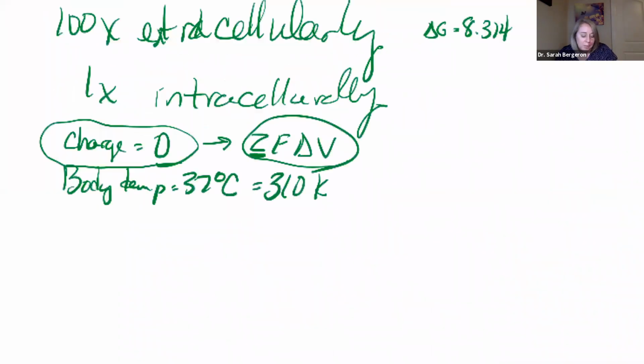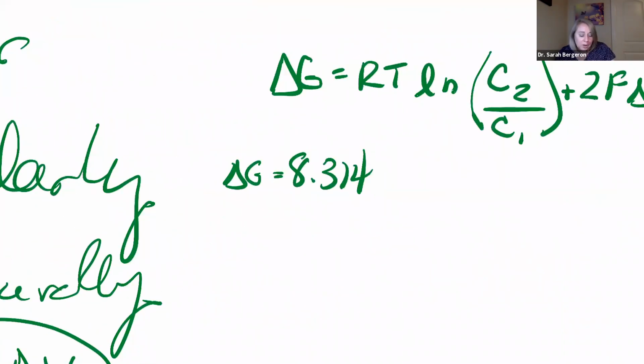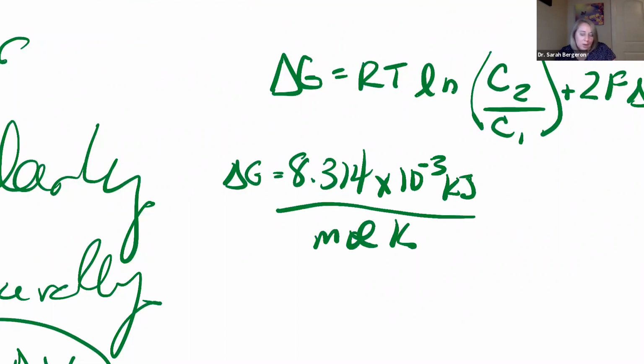So when you put it in, make sure you put it in as kilojoules. So that would be 10 to the negative 3 kilojoules per mole Kelvin. Then we put in our temperature, which was 310 Kelvin.